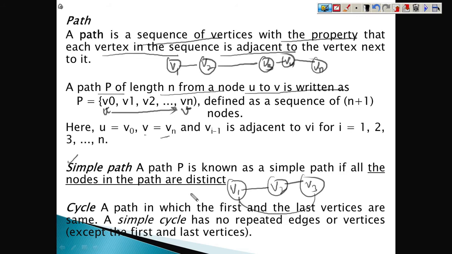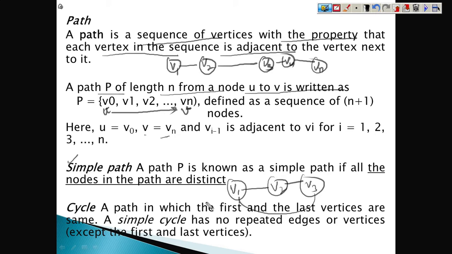Here if the cycle is simple, then the intermediate vertices are allowed to appear only once, meaning all the intermediate vertices are distinct. But if it is not a simple cycle, then these intermediate vertices are allowed to occur or be used more than once. So we have seen what is path, what is simple path, what is cycle.